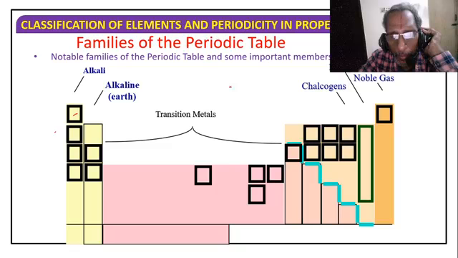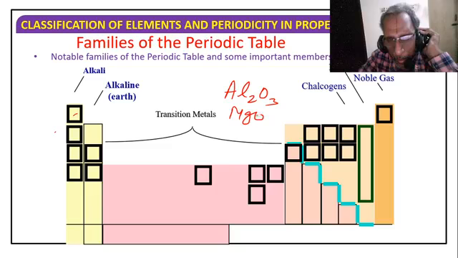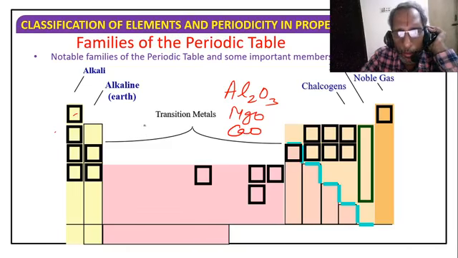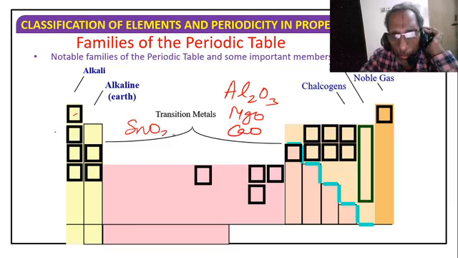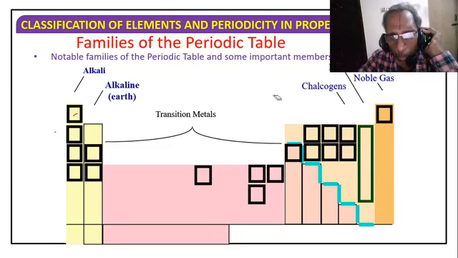For example, aluminium ore is bauxite, aluminium oxide. Magnesium ore, magnesium oxide. Calcium ore, calcium oxide. Tin ore, tin stone, tin oxide. So most ores are metallic compounds, as we will see later.